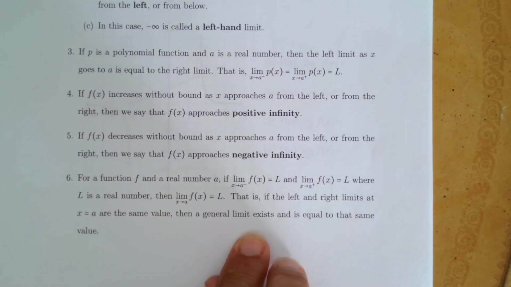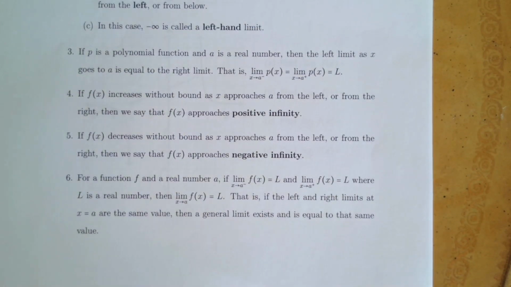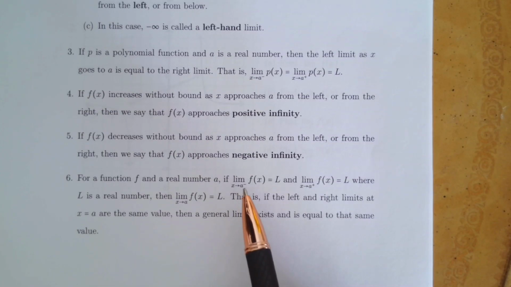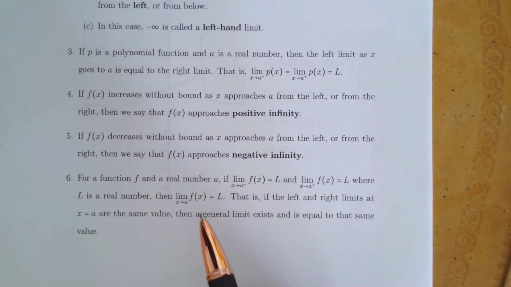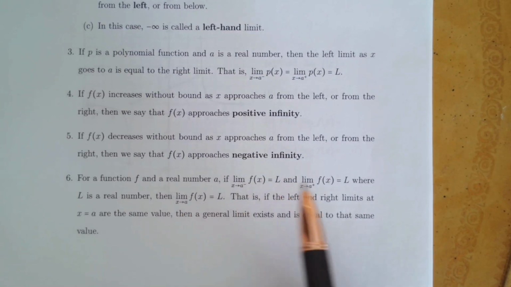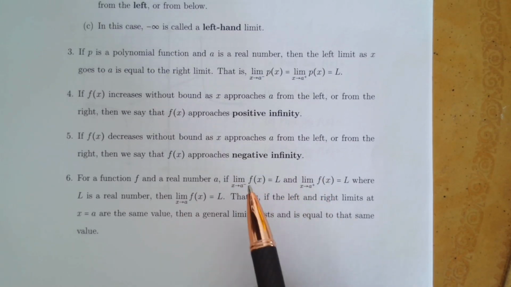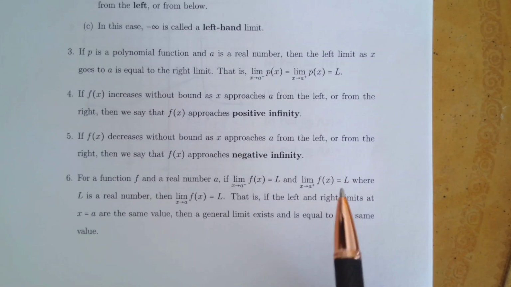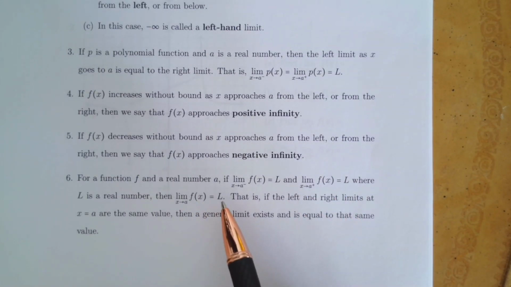So you have to pay very close attention if you're looking for numbers from the left of x, from the right of x, or if you're asked just what's the limit as x approaches a. If you're asked just this, then you have to do both sides and make sure they're the same. Okay? You can't do it one way and give an answer.